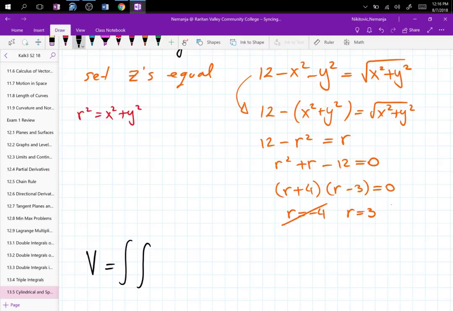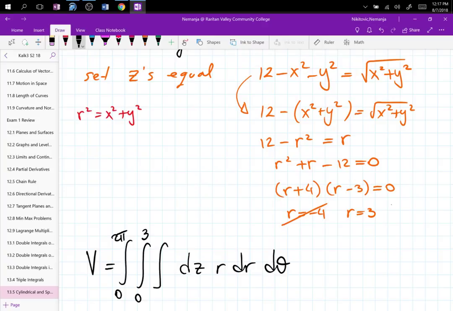Volume is the triple integral. Nothing in here because we are dealing with volume. We have dz, r, dr, d theta. We said we want the entire shape all around, so that's 0 to 2 pi. Now the radius is the full circle, no holes, nothing, so that's 0 to 3.